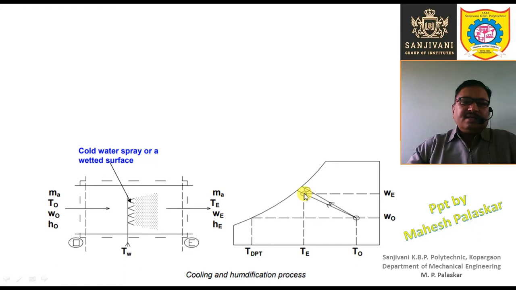And here the air comes in contact with the cooling coil as well as the cold water that is sprayed. Instead of a cooling coil, we can just spray the cold water, and the spray of cold water comes in contact with the air which is flowing and which is required to be cooled and humidified, right? So the stream of air is flowing like this from left to right, and it comes in contact with the spray of cooling water.